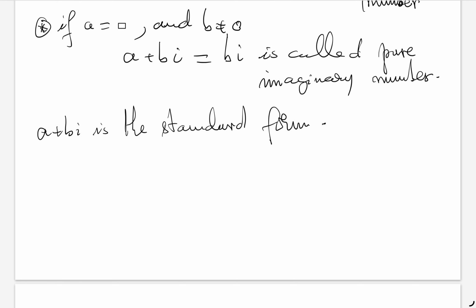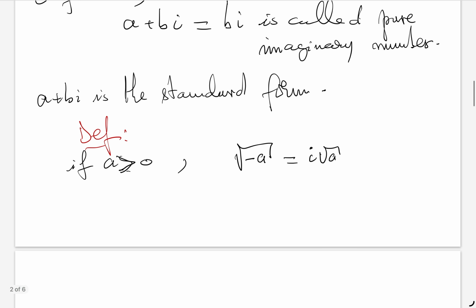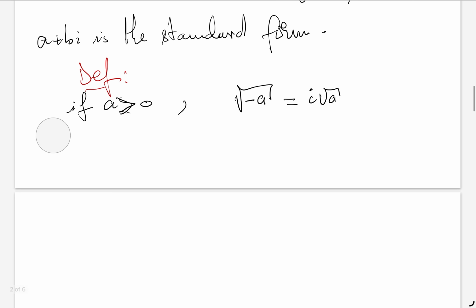Okay, for example, let's define the meaning of the square root of a negative a, where a is a real number, a positive number. Definition: if a is strictly positive, then the square root of negative a is equal to i times the square root of a. Let me prove it, let's prove where this comes from.